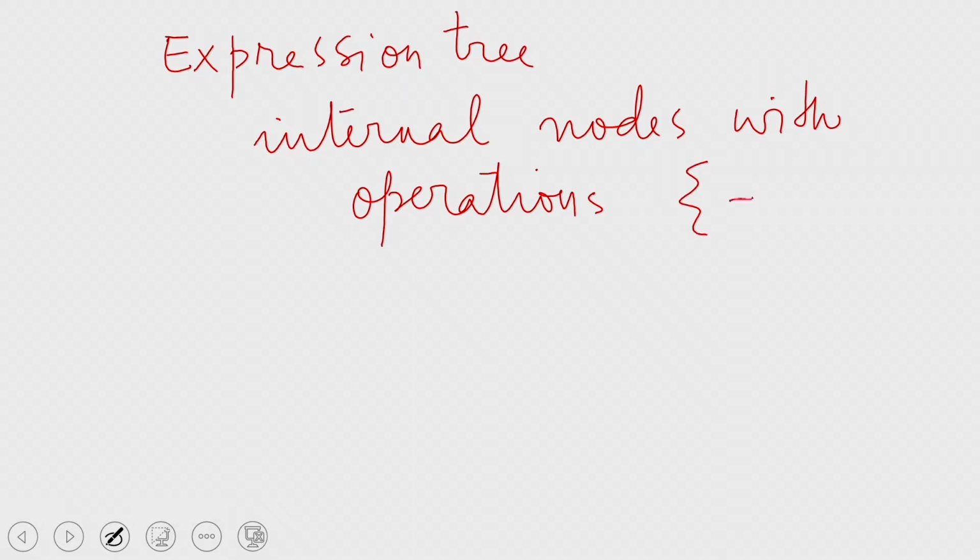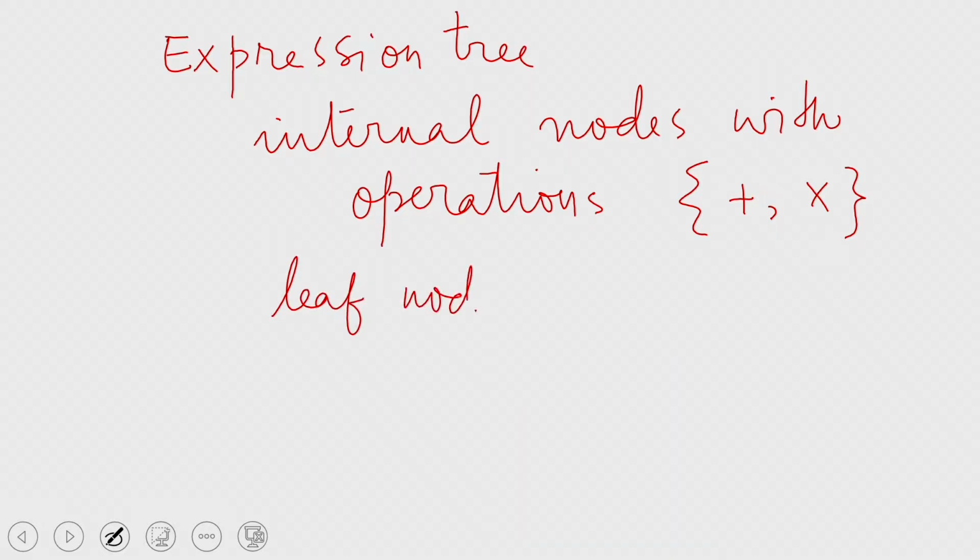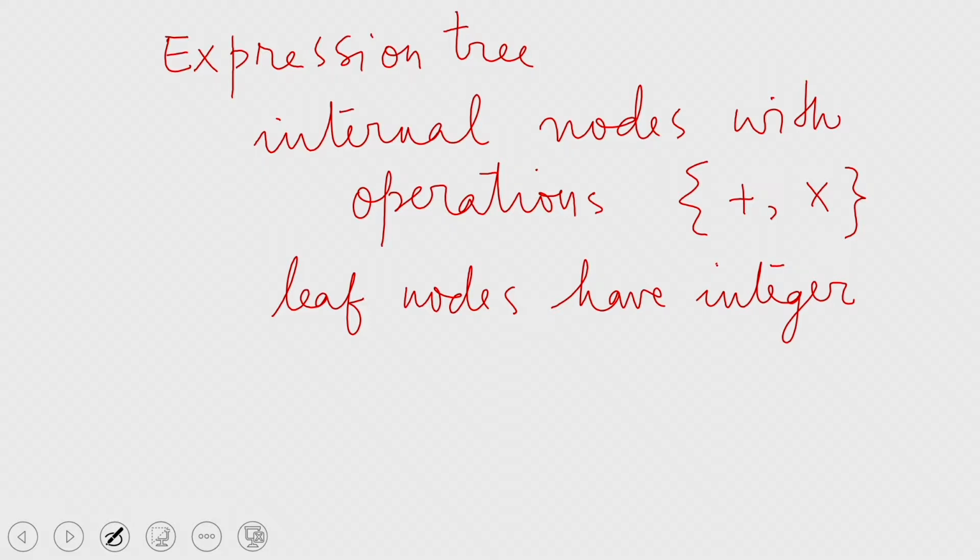We consider only 2 operations for now, which can be easily extended to a richer set of operations. But for now, we assume that there are multiplication and addition and no other operation. And then the leaf nodes have integer constants. What we need to do is to evaluate the root.